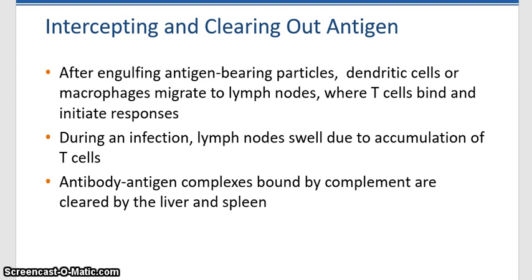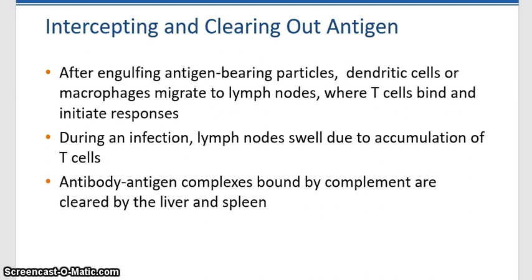So after that infection is dealt with, we have the engulfing of antigen-bearing particles, the dendritic cells and the macrophages migrating to the lymph nodes where T cells bind and cause that immune response.